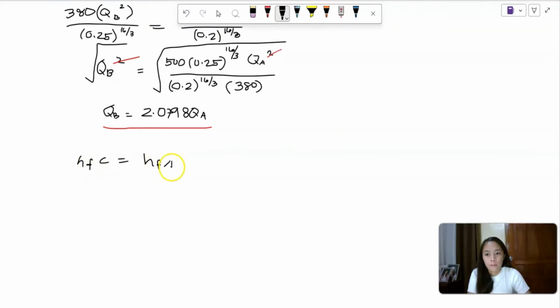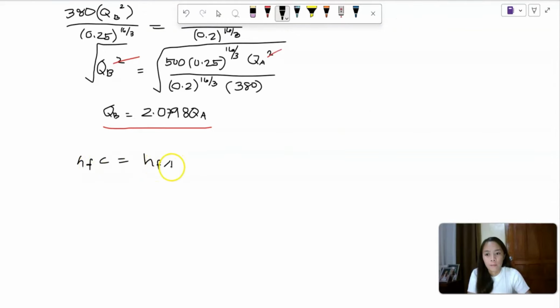Then we have 500, then 0.1 raised to 16 over 3, then Q sub A squared over 0.2 raised to 16 over 3, times the 650.